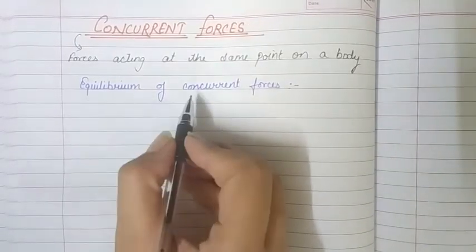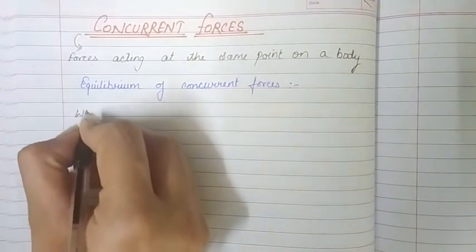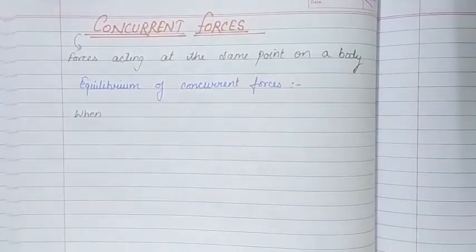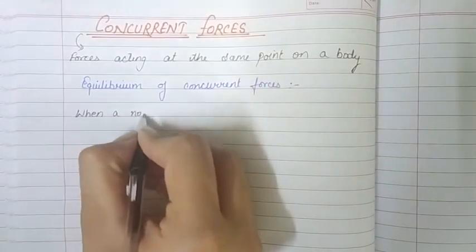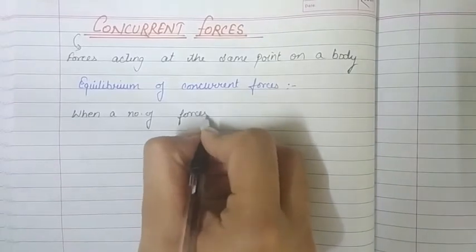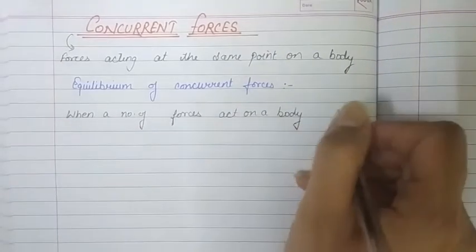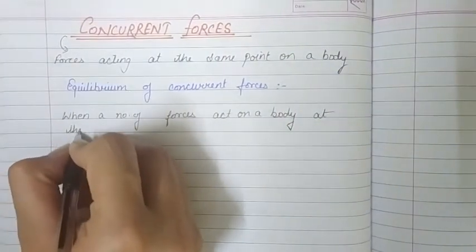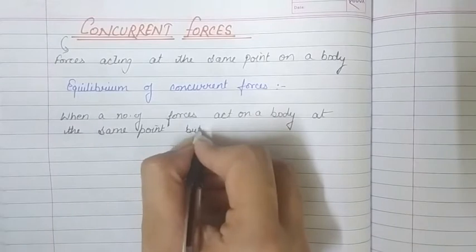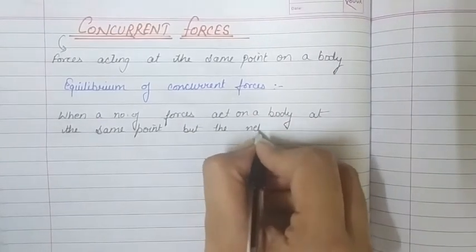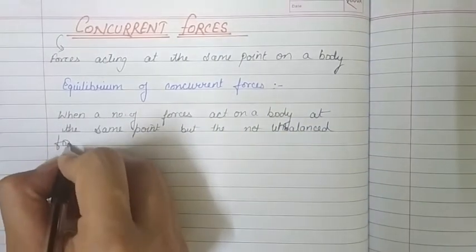So equilibrium of concurrent forces can be explained as follows. Since they are concurrent forces, a number of forces act on the same point of the body, but the net unbalanced force is zero.